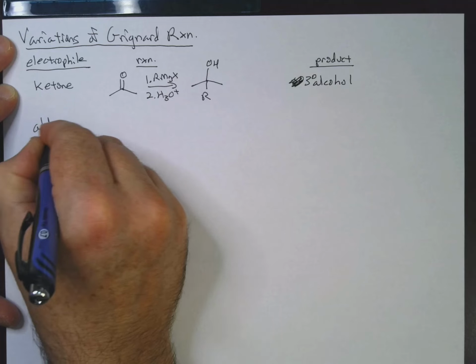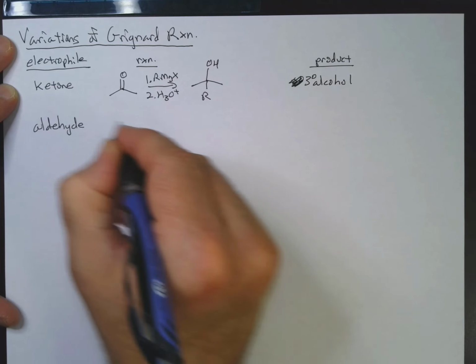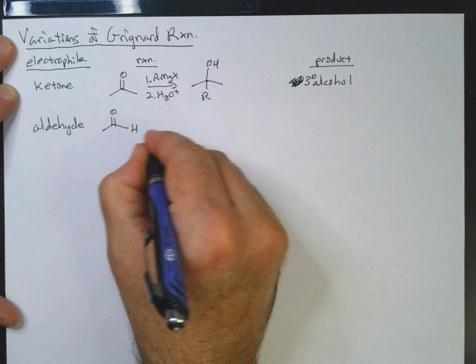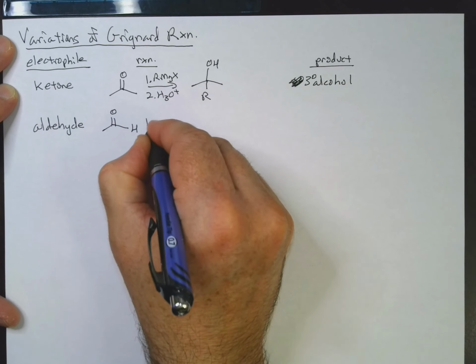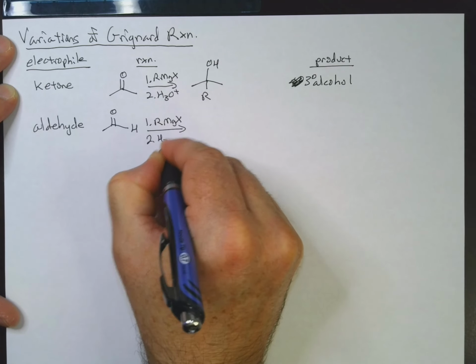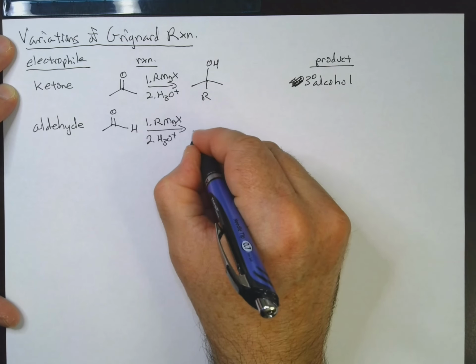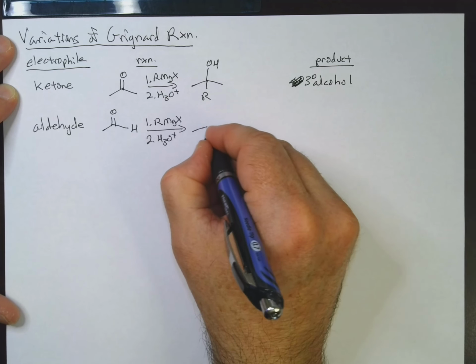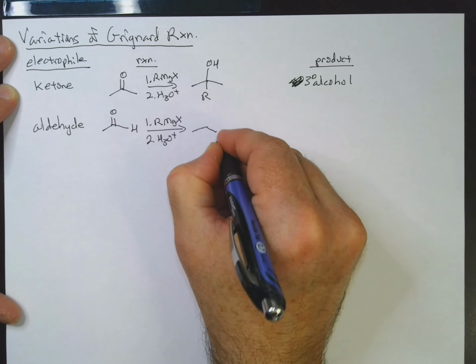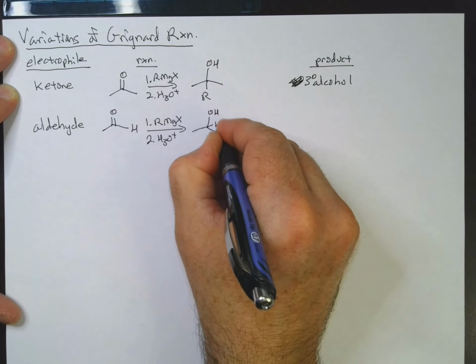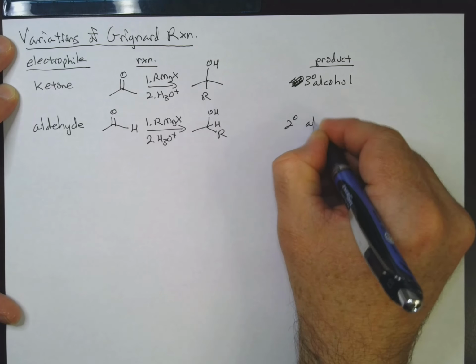If we use an aldehyde, then RMgX, H3O+, we will end up getting a secondary alcohol.